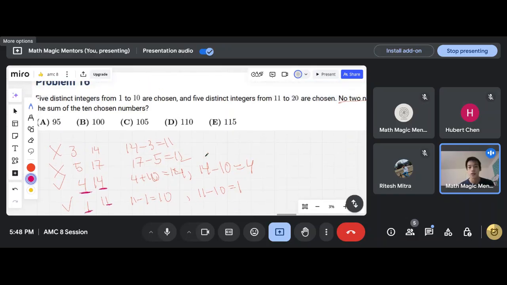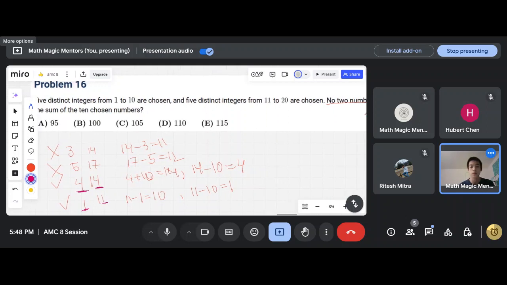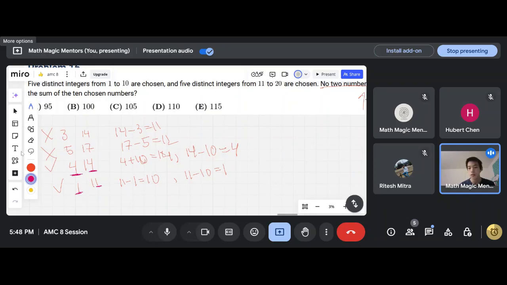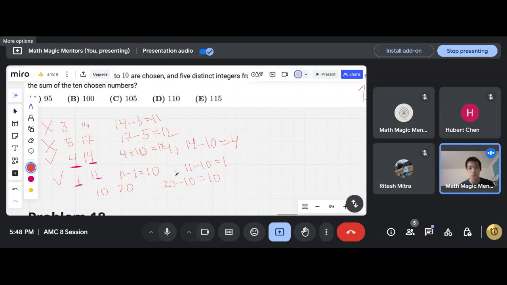That's the key observation. Even with 10 and 20, I was thinking about this one just to check: 20 minus 10 is 10, so the rule also works for 10 and 20.